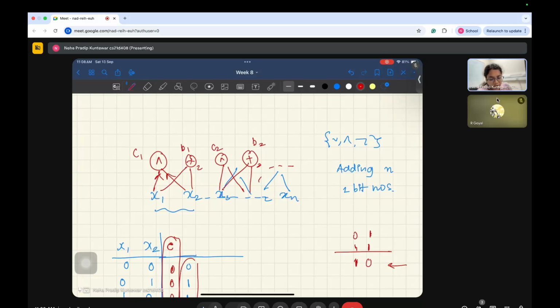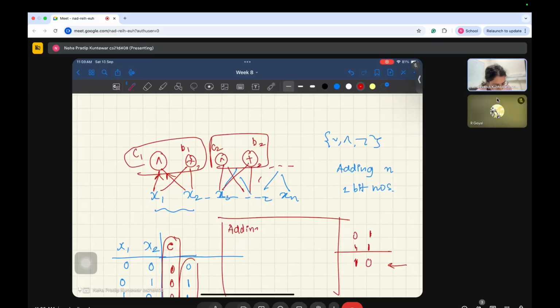Now we want to add these two at a time. We are adding two 2-bit numbers. We are adding C1 B1 with C2 B2.